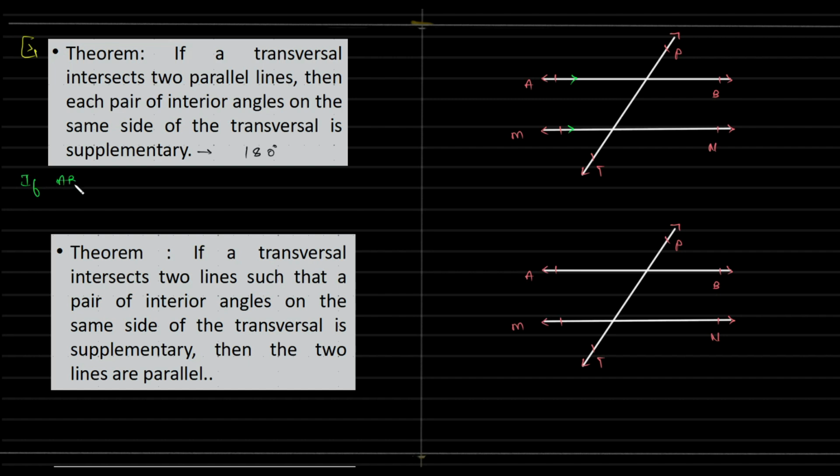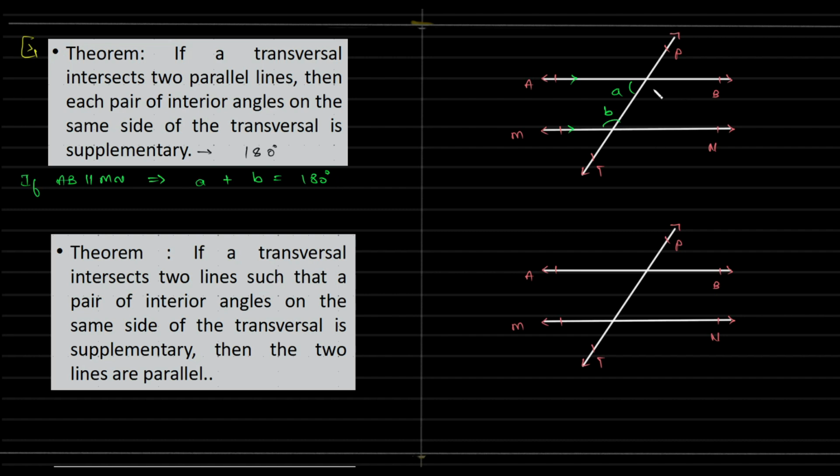If AB is parallel to MN and PT is your transversal line, then angle A plus angle B, which are a pair of interior angles on the same side of the transversal, will add up to 180 degrees.